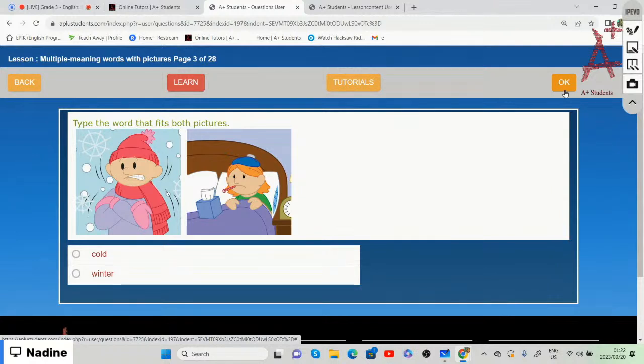So we need to type the word that fits both pictures. Is it cold or winter? If we look at both of the pictures, right, this guy shows that it's snowing. He's got a cap, scarf, and gloves on, and he is shivering. And then the other lady is in bed with a cold.